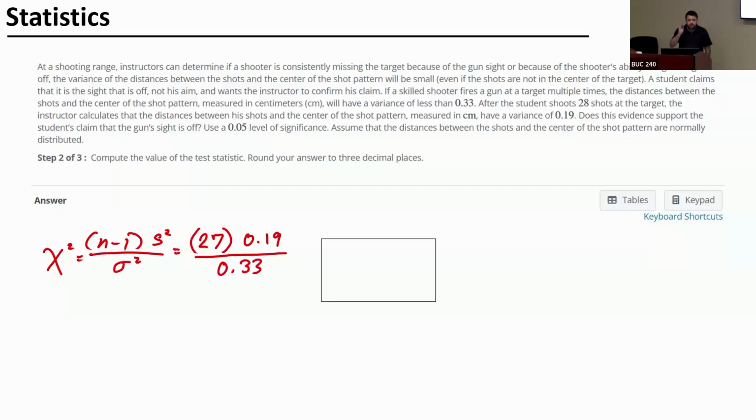And yes, you're going to have to do this step on your calculator just exactly like this. Then I will give you the calculator method after this, for this number, to figure out your p-value. You should have gotten 15.5.